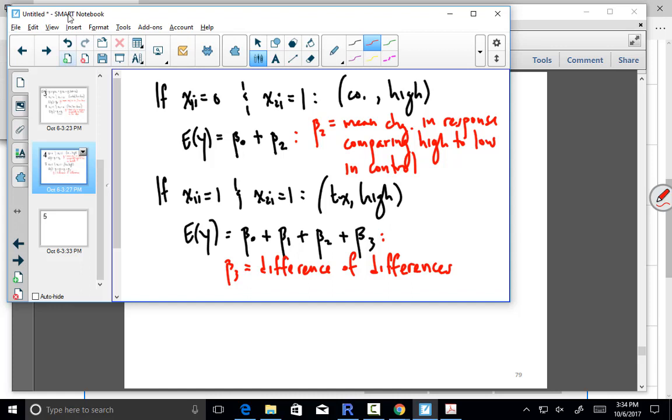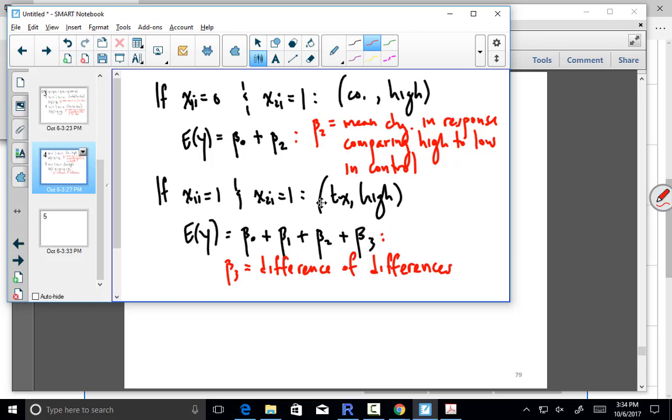The key is that with or without an interaction term corresponds to two different models, two different assumptions. The model without the interaction assumes that the treatment effect is the same regardless of dose, and the dose effect is the same regardless of treatment.